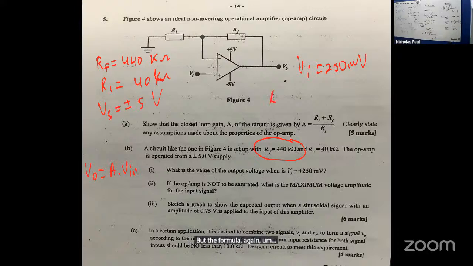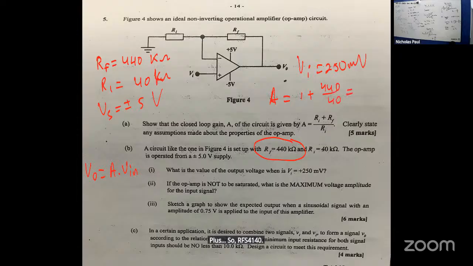What's the gain for this op amp? RF over R1 plus 1. So RF is 440 over 40.